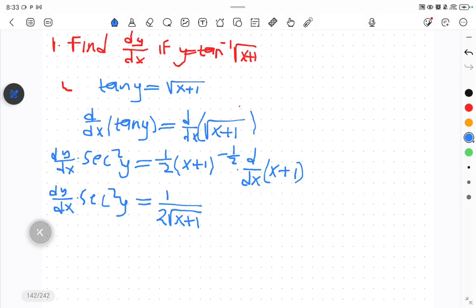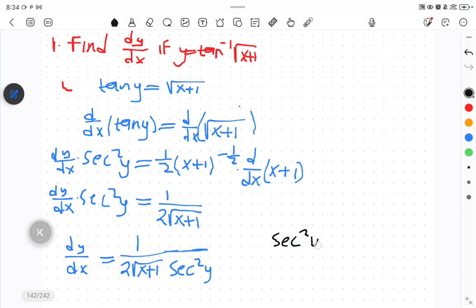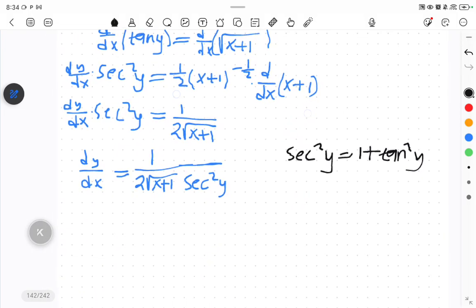So this will be dy over dx, which is equal to, if I divide both sides, 1 over 2 root of x plus 1, divided by sec squared y. You see, right? And we know that sec squared y is equal to 1 plus tan squared y. So we can just substitute here.